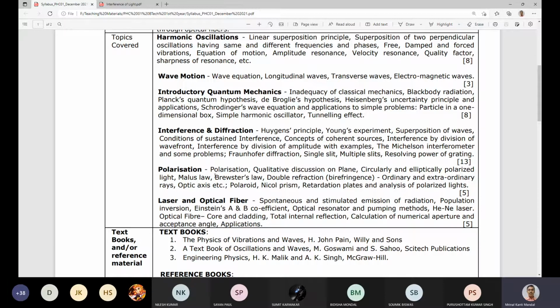Then we go to optical fiber. So basically the fundamentals: core, cladding, total internal reflection, calculation of numerical aperture and acceptance angle, and some related applications that we can include in case of fiber optics.